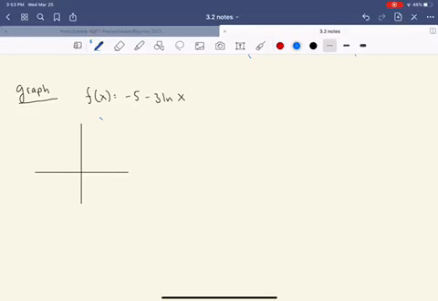So first let's graph y equals natural log of x. That goes through the point 1, 0. Let's say this is e, 1. Next, let's do a vertical stretch with a factor of 3.